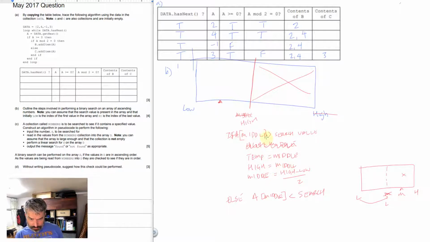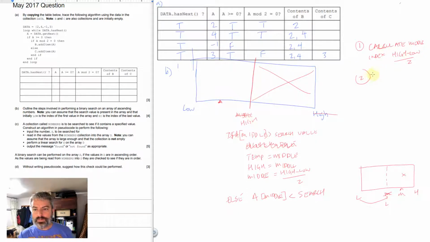Now one thing we should probably do right at the very beginning: first, calculate the middle index, high minus low divided by 2.